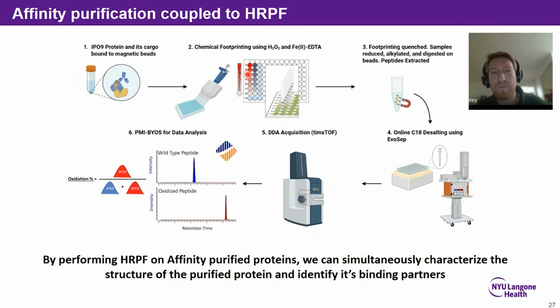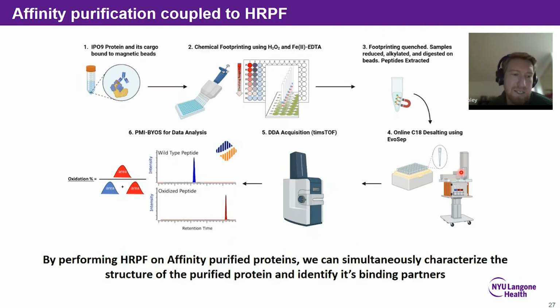And I mentioned before, we do varying doses of hydroxyl radical, and we typically do at least 3 replicates. I sometimes like to do 5, but you need at least 3 replicates to get good statistics. Then you would proceed with your quenching and cleanup, and we're going to use the EvoSep in this case. In case anyone isn't familiar with EvoSep technology, it's an LC that does the C18 cleanup online.